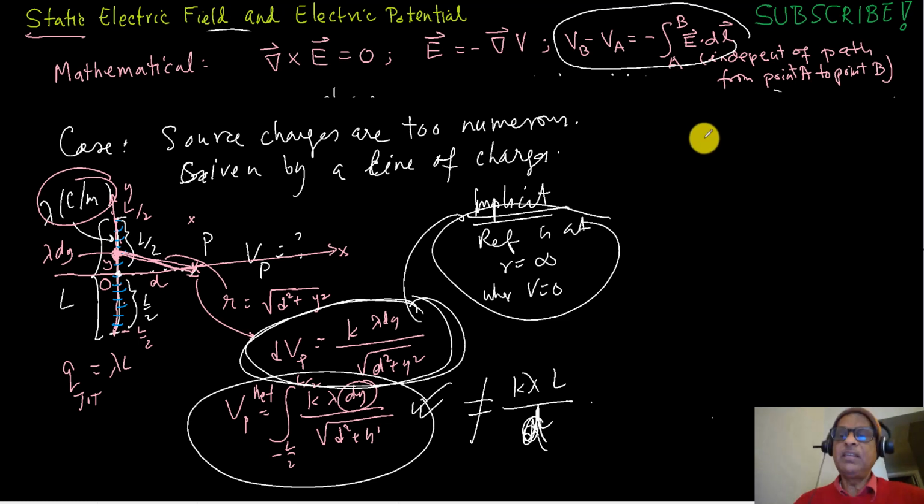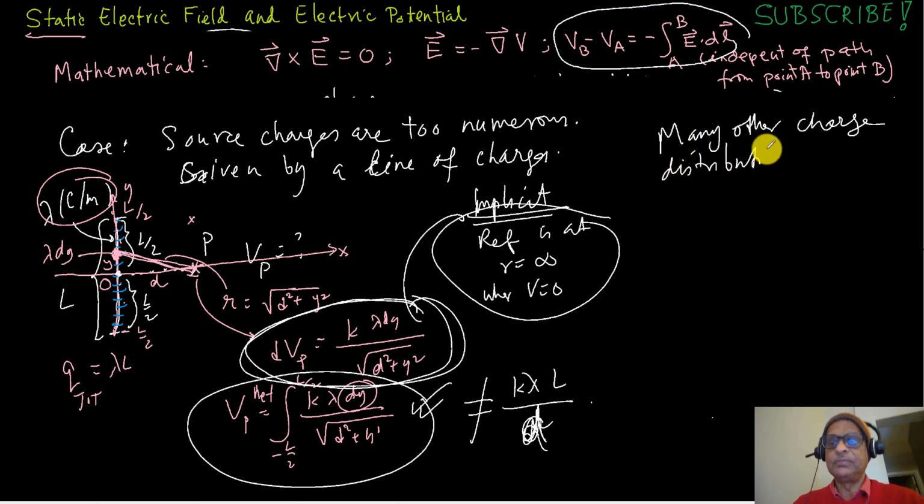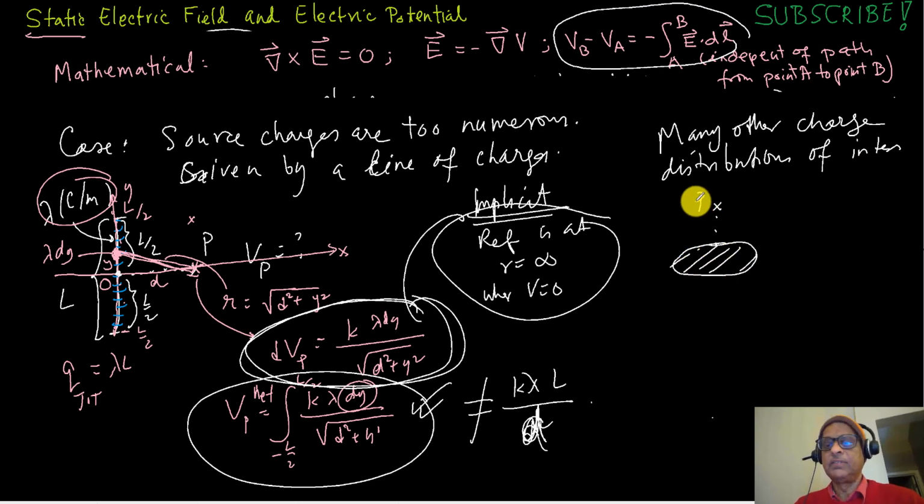There are many other problems we can do, with other charge distributions of interest. One would be a disk of charges with the point P over here, or a ring of charges, and maybe point P is right on the axis.